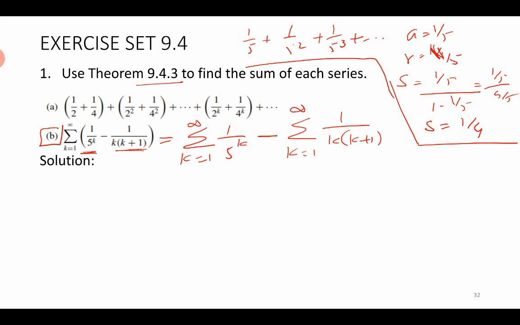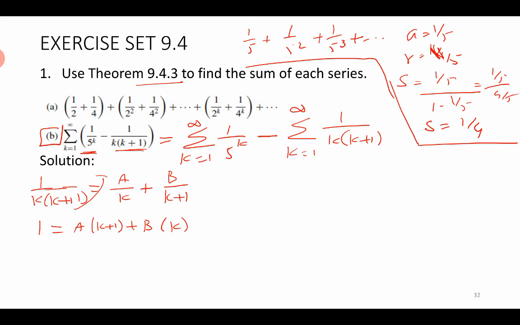Let's take the second part, and let's take partial fractions to separate this one. What do you get? A over K plus B over K plus 1. Now multiply this on the right side. So the left side is 1, equal to A times K plus 1 plus B times K. When K is negative 1, the first term will be 0, this will be negative B, therefore B is negative 1.